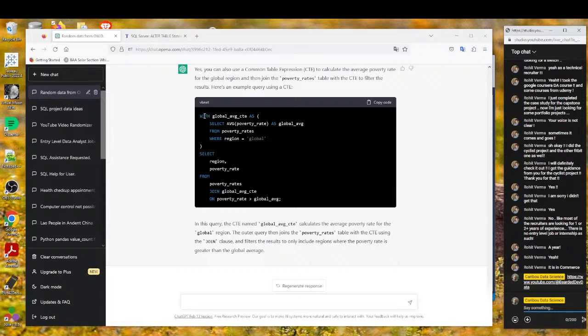So this basically does the same thing as the previous query, but it's using what's called a common table expression, which in my experience is a little bit easier to understand than a subquery. So we perform the top part first. We're creating a global average CTE as select average poverty as global average from poverty rates where region is global. Then select region, poverty rate from poverty rates, join global average CTE on, okay.